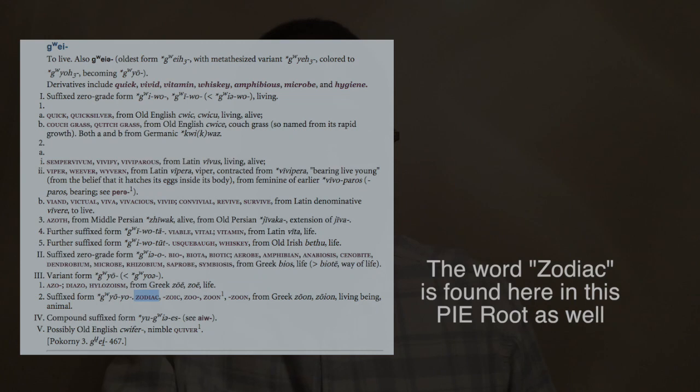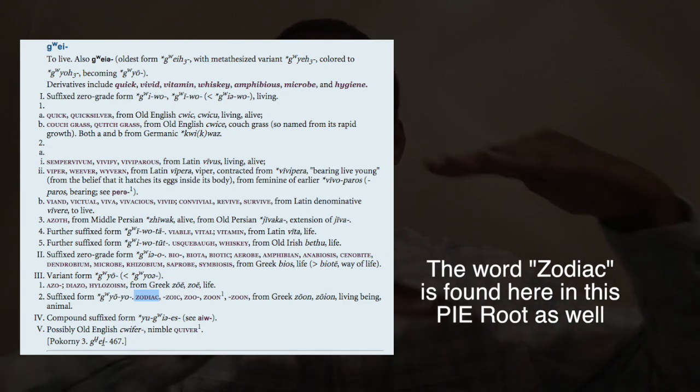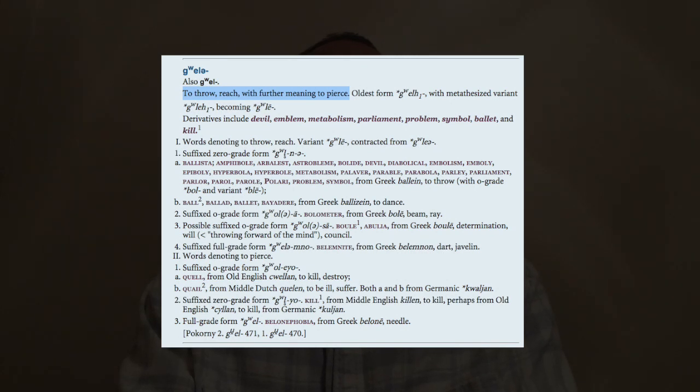And I'm going to show this from this Proto-Indo-European root, GWEI, and we'll put that up on the screen, and you're going to see that symbols and arrows link together ideologically.